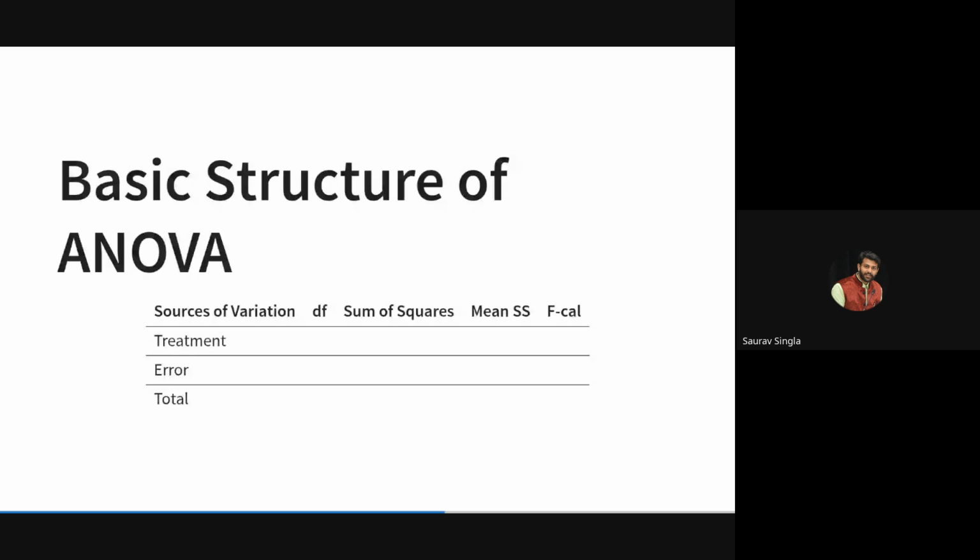If the variation caused by treatment is significantly higher, only then we will say the variation is actually caused by treatments. The difference in means is coming due to the treatments, and not due to the abiotic or biotic factors that are causing error in your experiment.